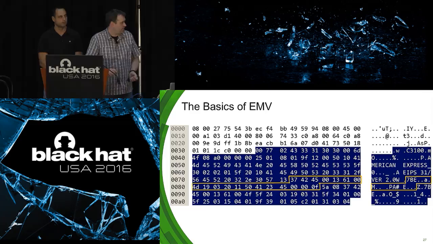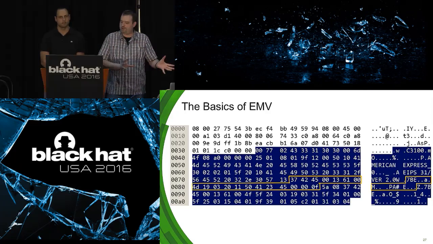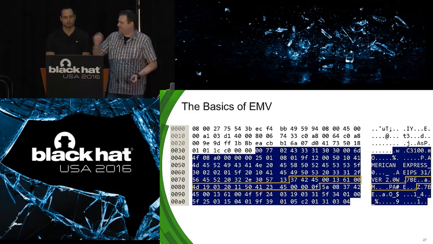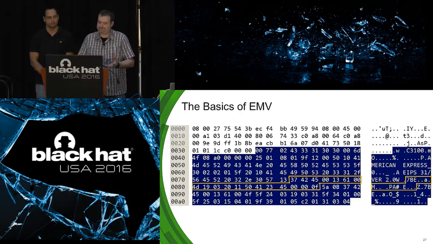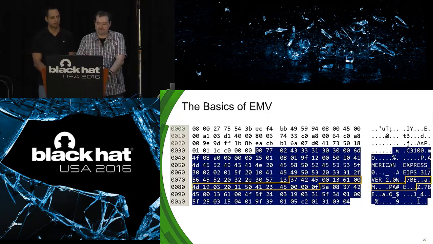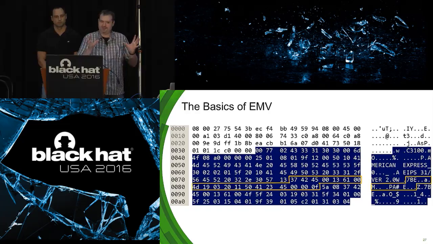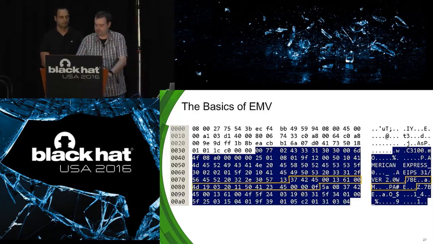But if you look over here in the actual hex representation of the binary going back and forth for EMV, this is the actual track data. And it's in an odd format. They actually took the text representation of the track data and transposed it so that you'd see the track data when you look at it in hex form.